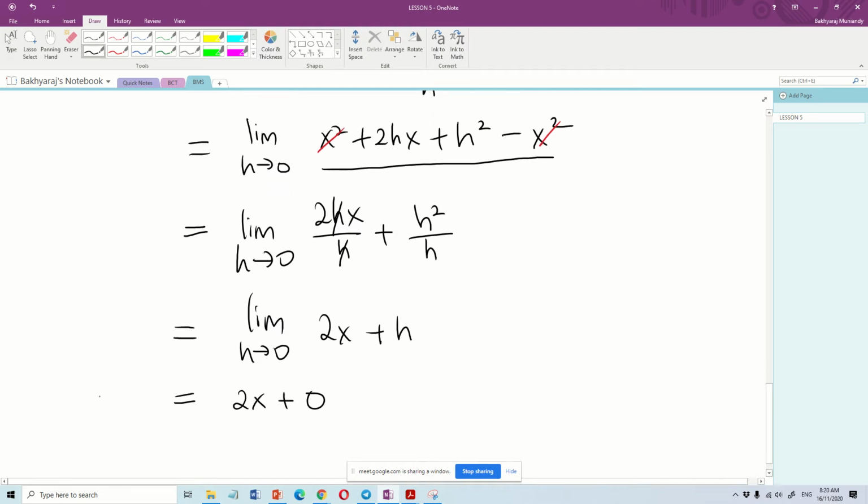Okay, so you get 2x equals to 2x. Okay, boleh ikut. Okay, next question.